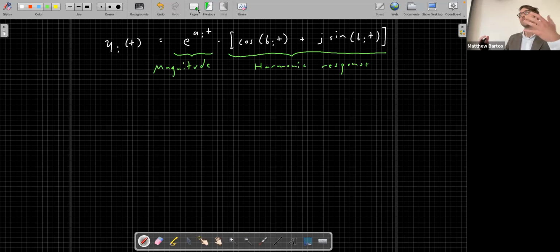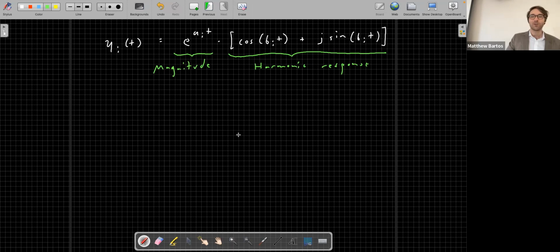And typically you may see a response that is unstable, but it eventually will reach some saturation point at which our linearization breaks down, and it'll no longer grow forever. It'll saturate at some point. So you will later on in this class encounter systems that exhibit exponential growth. We want to try to avoid that most of the time.